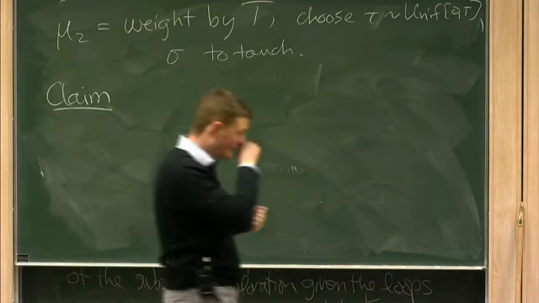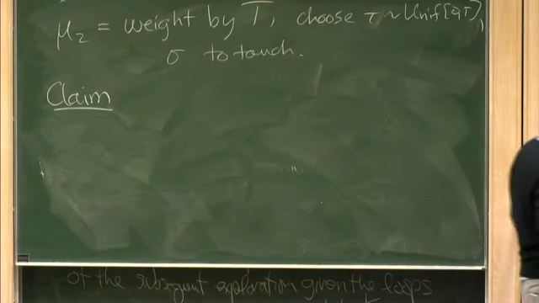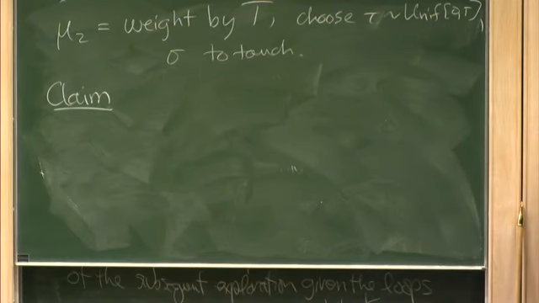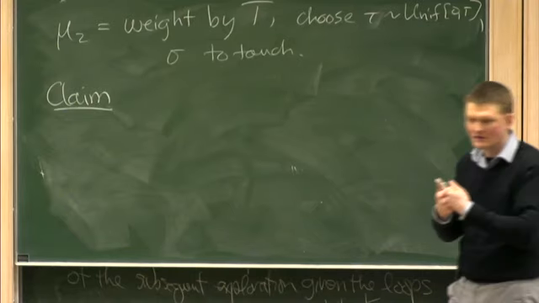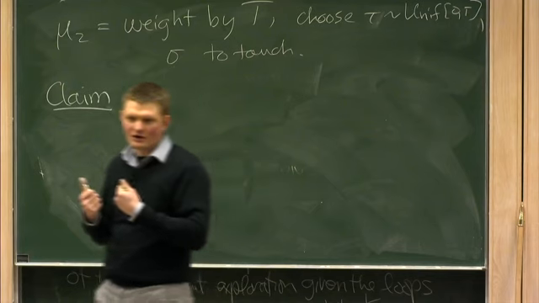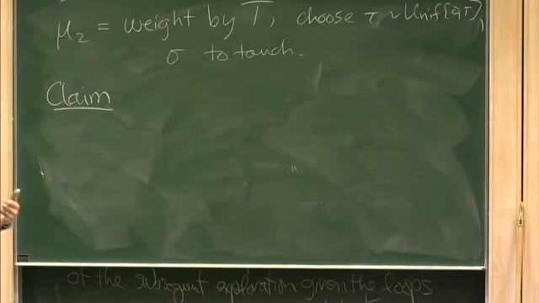The claim is that if you restrict your attention to the forward exploration up until sigma, and the reverse exploration up until tau, so just to the collision time, then actually the laws of mu1 and mu2 are the same.